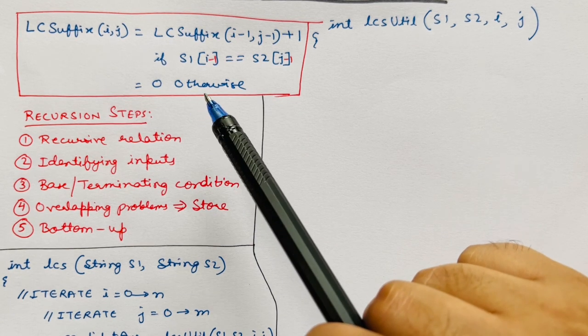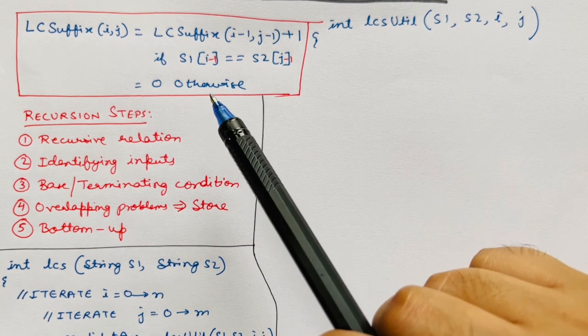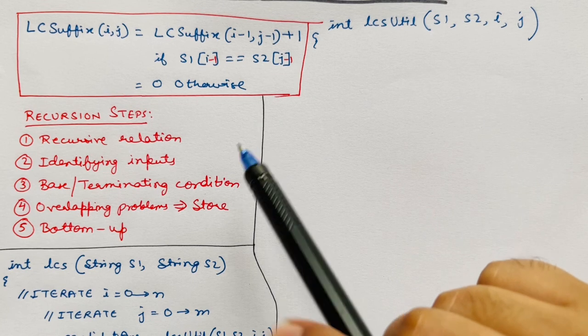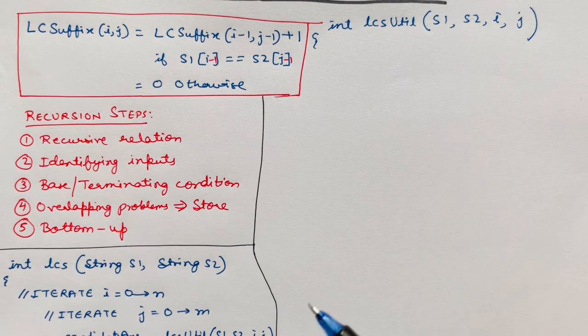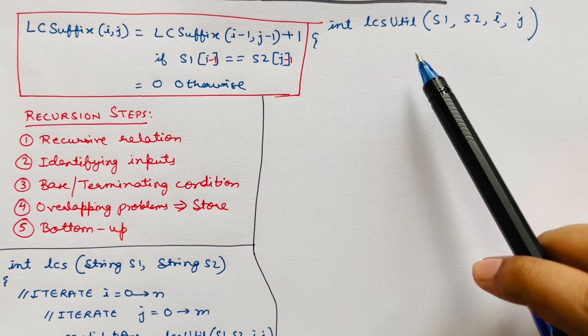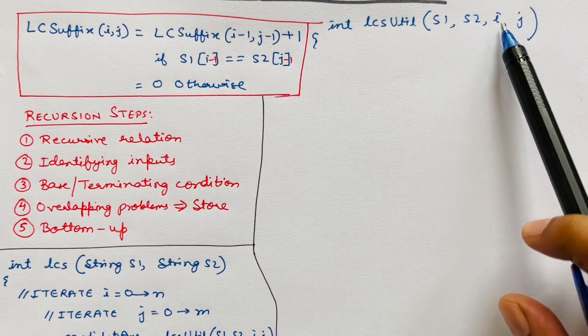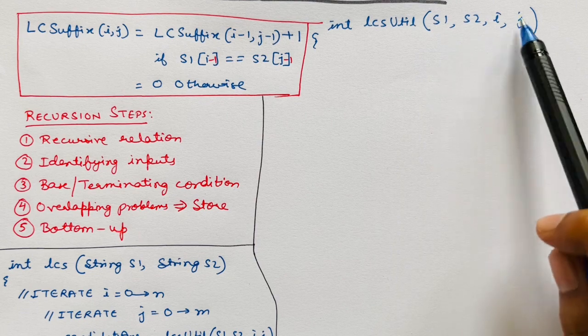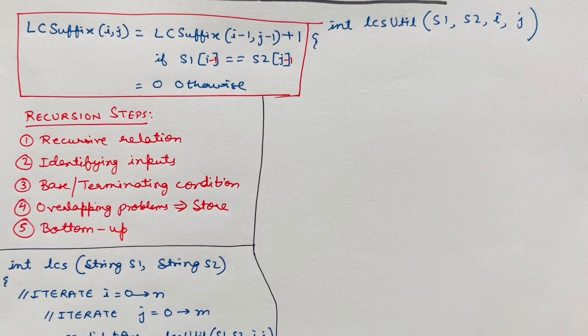And we know the last characters will be s1[i-1] and s2[j-1]. Therefore, this recursive method here is returning the length of the longest common suffix if we are considering first i characters of s1 and first j characters of s2.